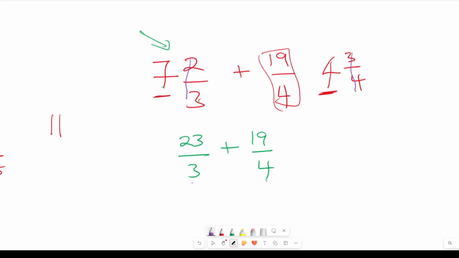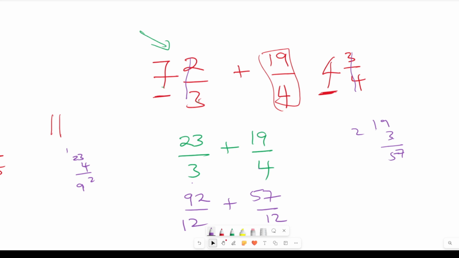So here I have mine 23 over 3 and then 19 over 4. Now, I can use the equivalent fractions by making both of them have a denominator of 12. So first 4 goes to multiply this bit. So 23 times 4, 92 over 12 plus 19 times 3, 57 over 12.